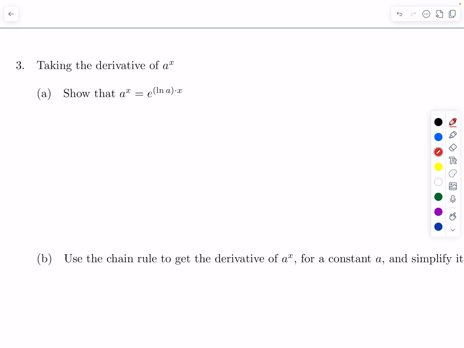Okay, so the derivative of 2 to the x or 3 to the x or whatever. So notice that a is the same as e to the ln a. E to the x and ln x are inverses.